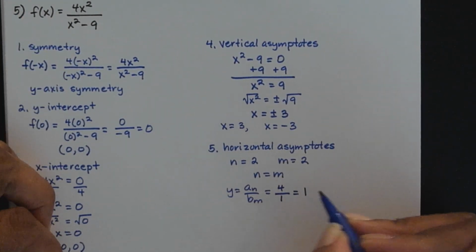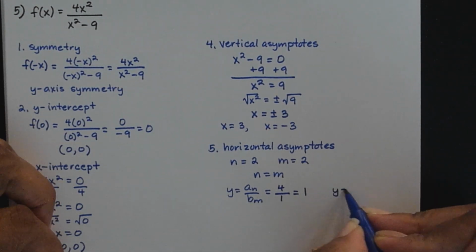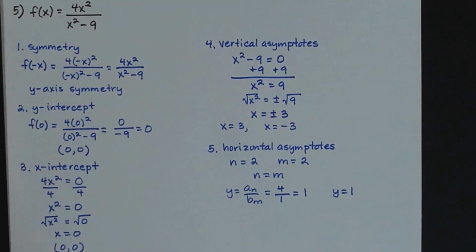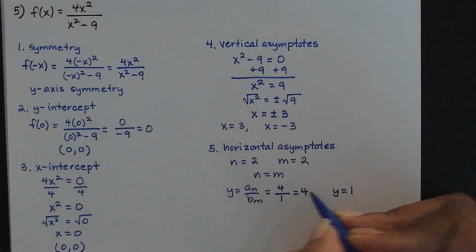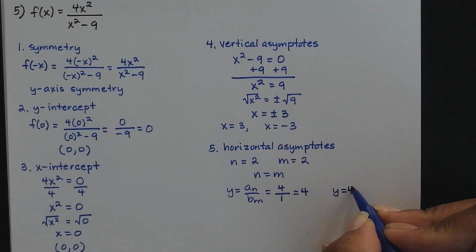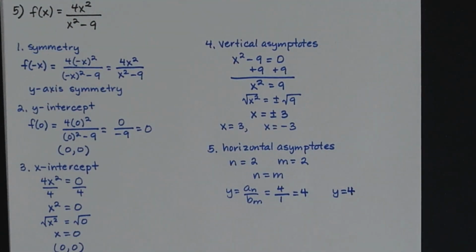So 4 divided by 1 will be 4. That means the equation is y equals 4. That would be the horizontal asymptote. That's going to be the horizontal dotted line going through the y-axis at 4 in this case.